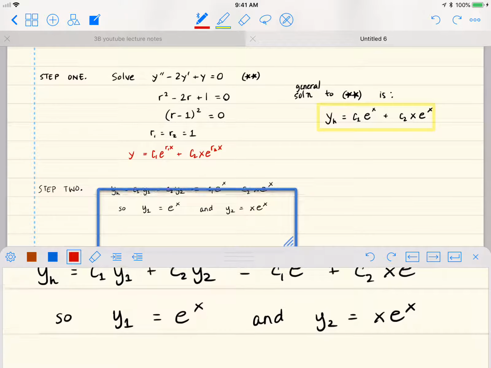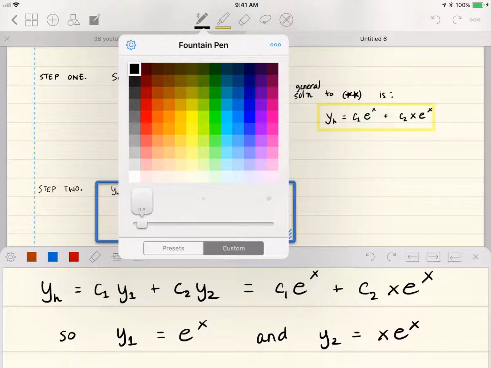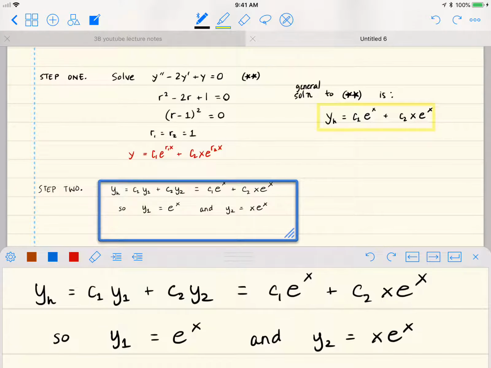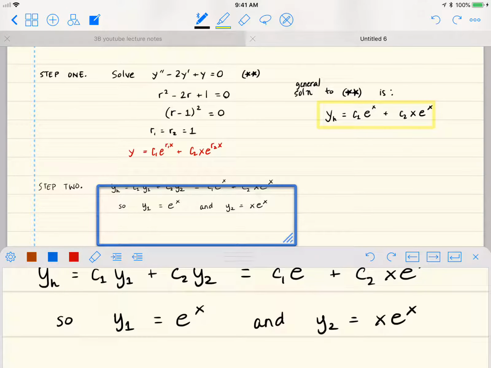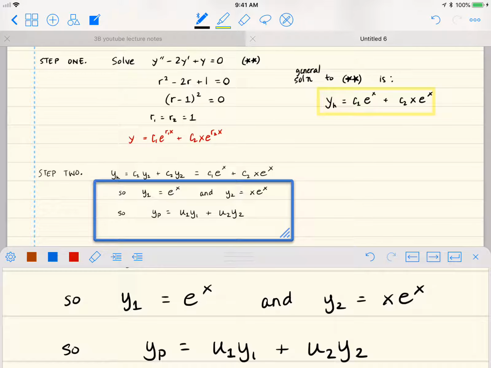Now we need to replace the constants, we need to vary our parameters. So we need to form yp, which is going to be u1 y1 plus u2 y2.